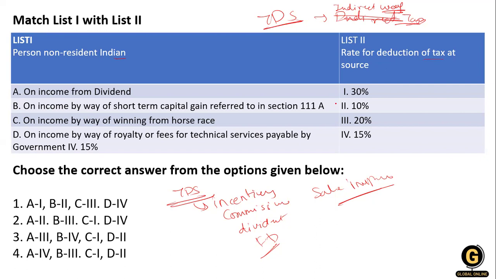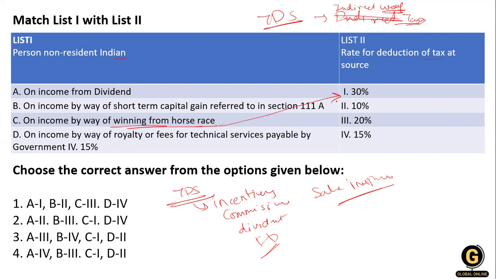First thing, the maximum rate levied in TDS is on winnings from horse races, because this is speculation, nothing but betting. This is actually not legal, so in this kind of practice the maximum deduction is 30%.